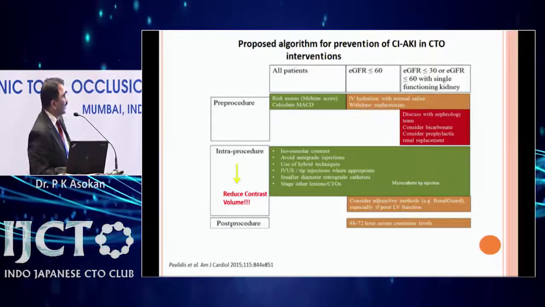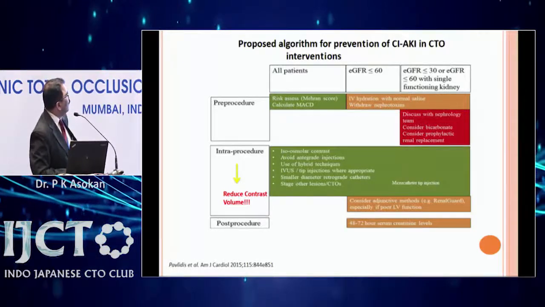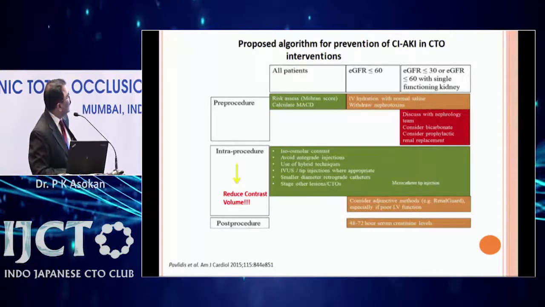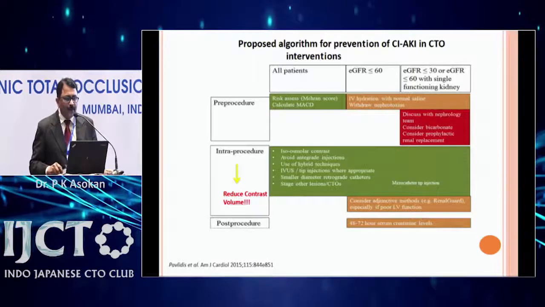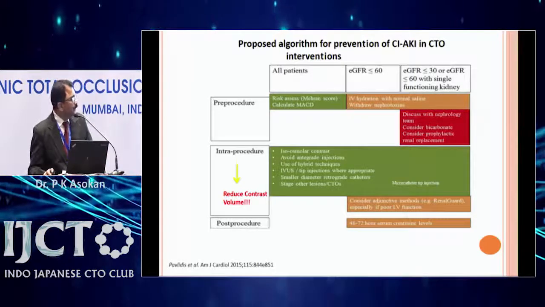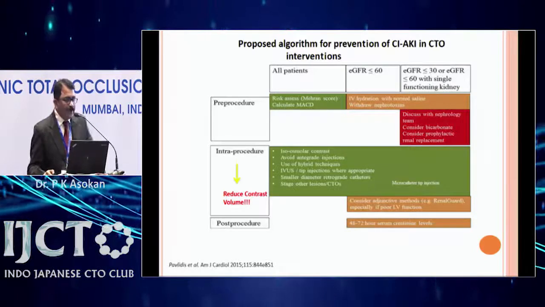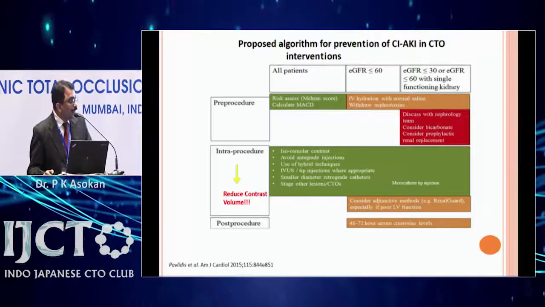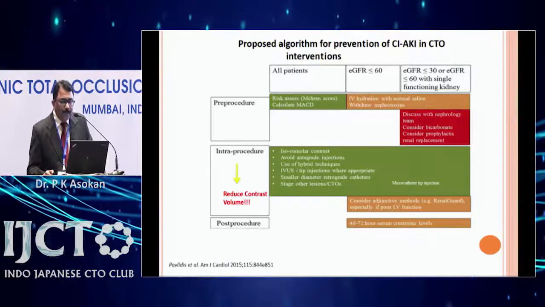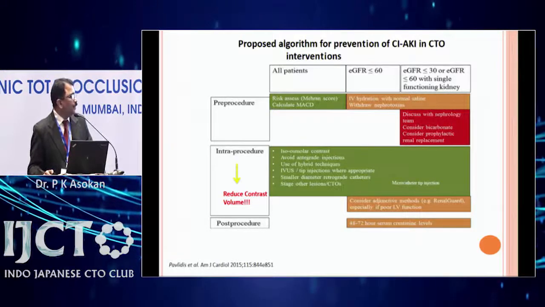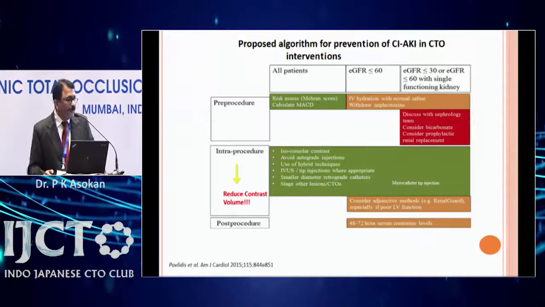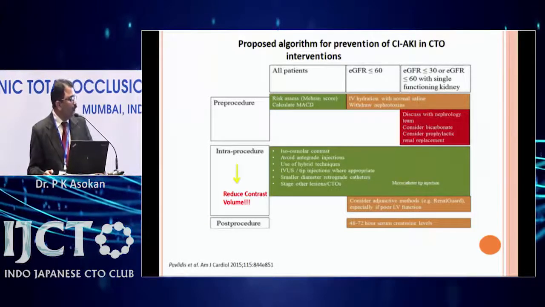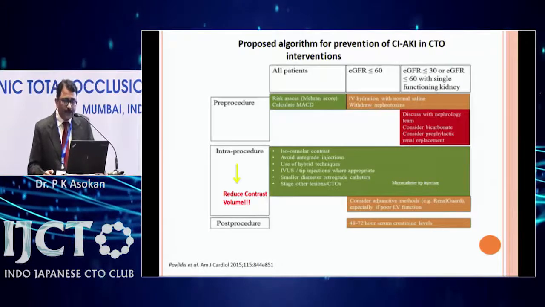So what should be the strategy? All patients with reduced eGFR or single functioning kidney, you should assess the risk factors. You have to give adequate hydration in the form of intravenous normal saline, not oral. You should start at least 6 hours, or ideally 24 hours before the procedure. Should continue for 6 hours or 24 hours post procedure.